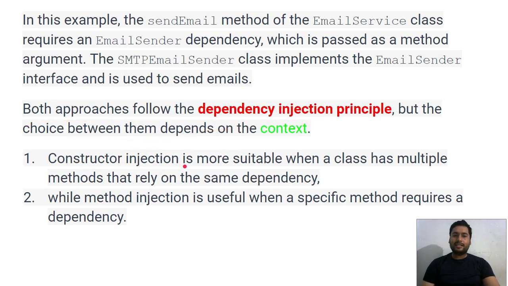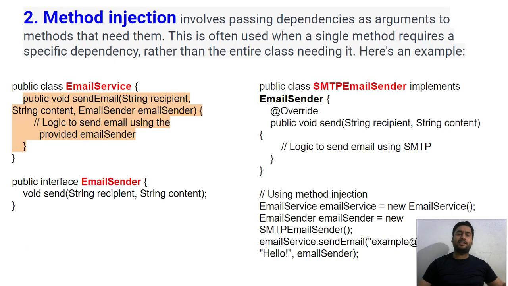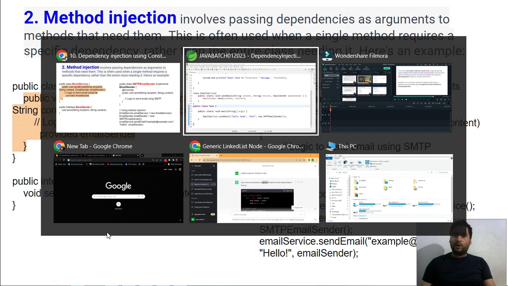Constructor injection is more suitable where the class has multiple methods that rely on the same dependency. Method injection is useful when a specific method requires a dependency, only one or two methods, then go with method injection. I hope you understood better what constructor injection, method injection and dependency injection are. Let me go back and show you.